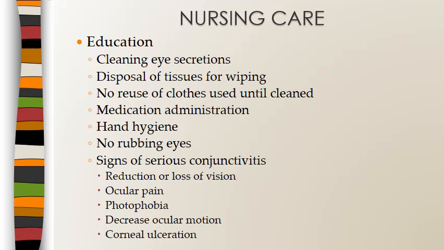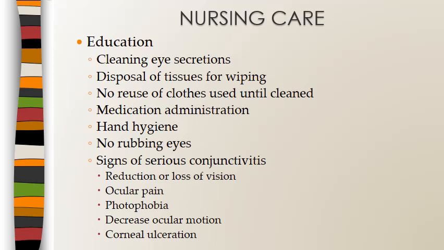Use a warm washcloth wiping from the inner to the outer canthus. It's very important to have them dispose of the tissues used for wiping, or only use the washcloth once and then put it in the laundry to clean. Not to reuse any cloths until they are cleaned.